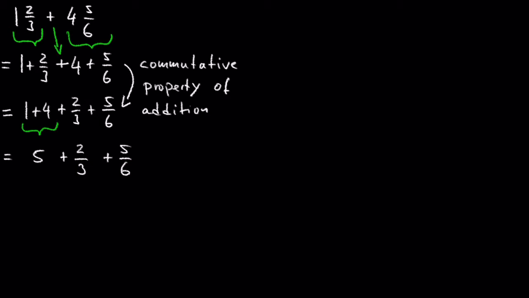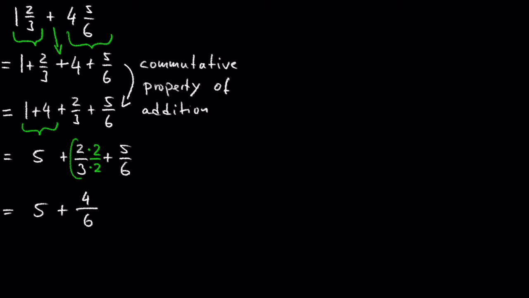We just multiply the denominator and the numerator by 2. So 2 times 2 is 4, and 3 times 2 is 6. Remember, multiplying the numerator and the denominator of a fraction by the same number doesn't change the value of the fraction.